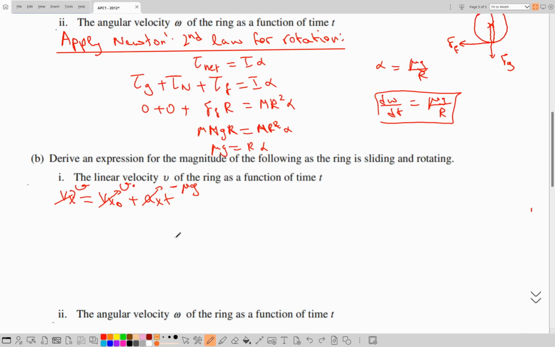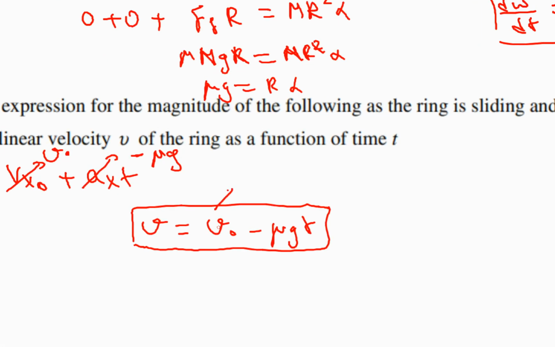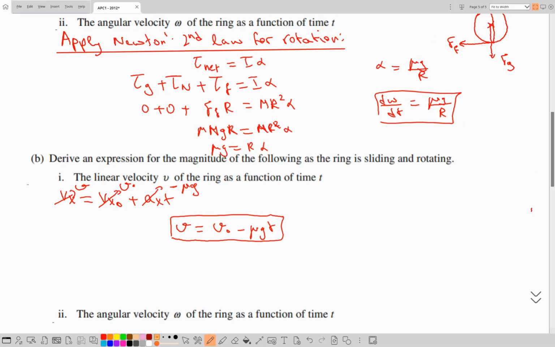Then in this case the magnitude of the velocity is given by V0 minus mu g t. Now why is this magnitude set to be positive? Because the initial velocity is greater than this one. So this is already positive in value and it still has velocity in the positive direction.